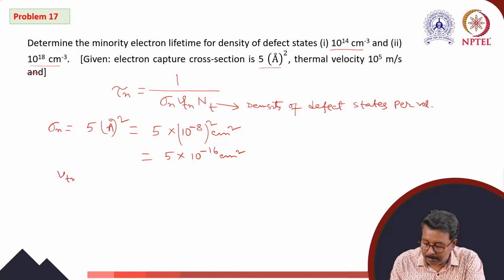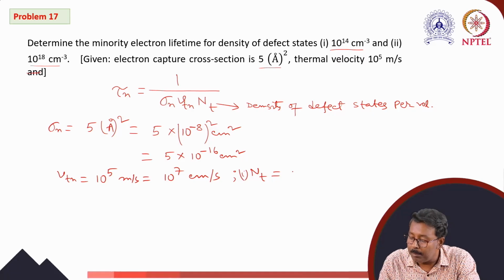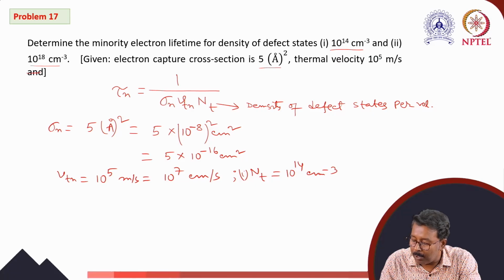Vtn is equal to 10 to the power 5 meter per second, that is equal to 10 to the power 7 centimeter per second. Yes. Nt, first case, Nt is equal to 10 to the power 14 per centimeter cube. All are in CGS units, no issue, you can calculate.